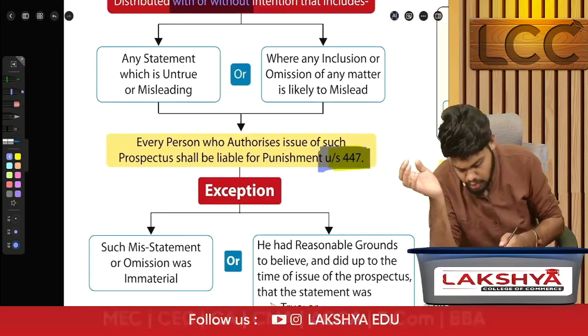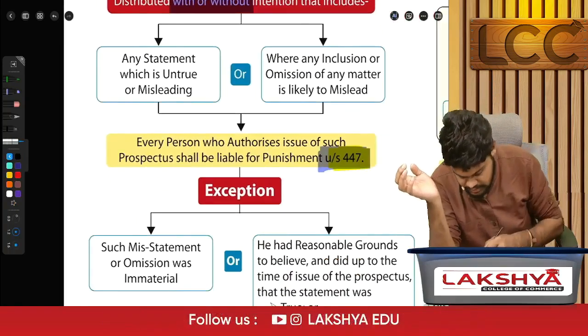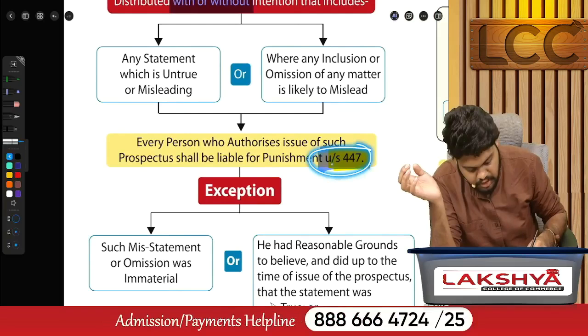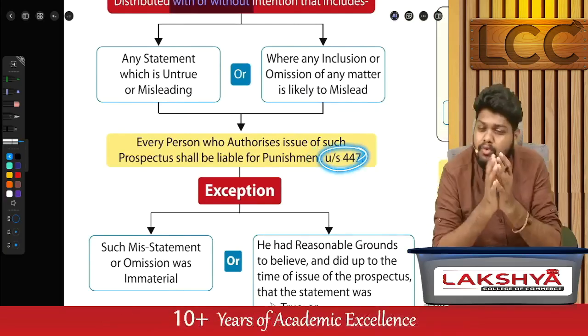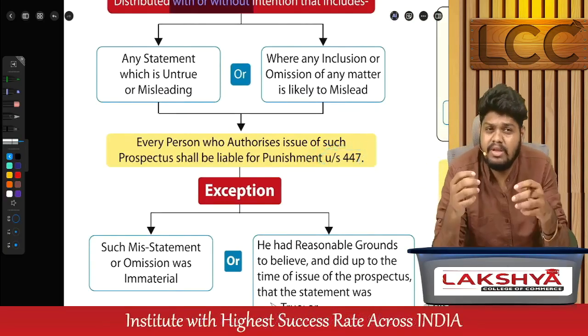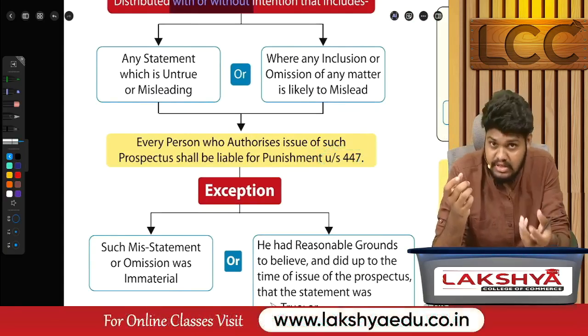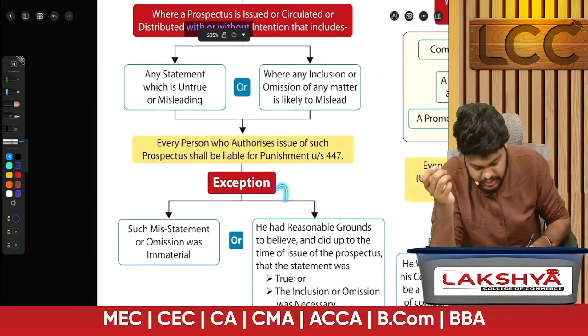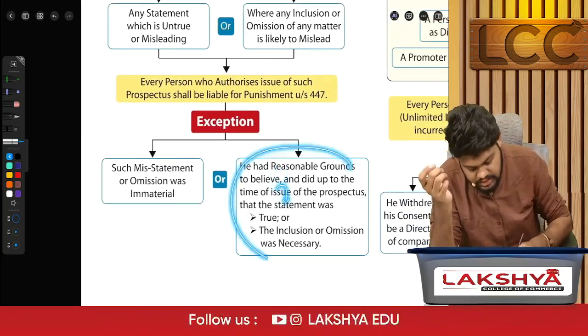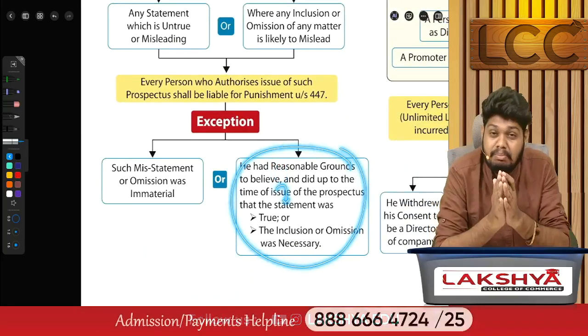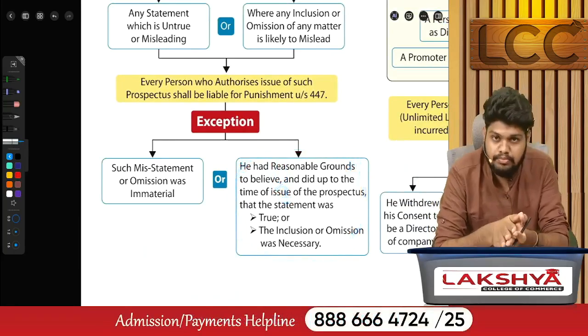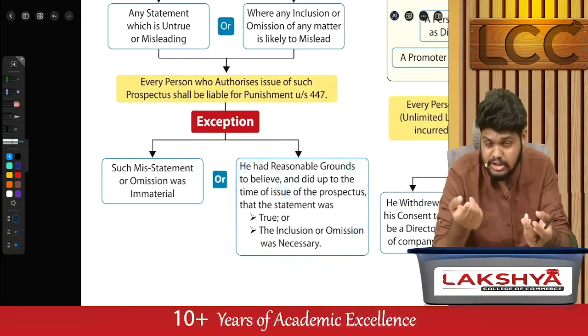But it goes forward and states that he is liable under section number 447. But 447 is something which is applicable when we apply the logic of fraud. That means it should be with intention. Then they come up with exceptions and state that if the same was done believing that it was true, that means it was without intention.